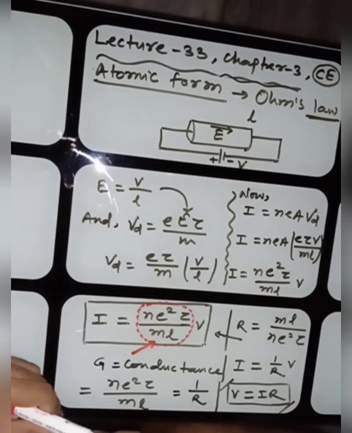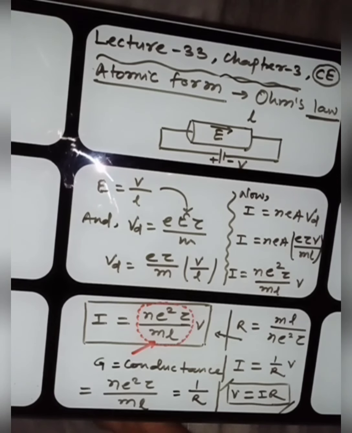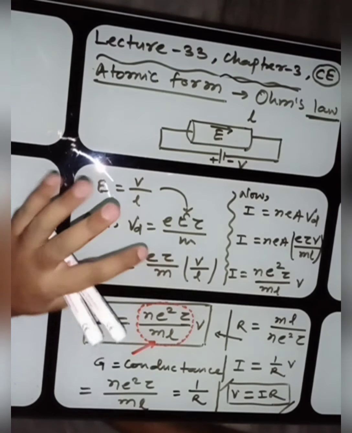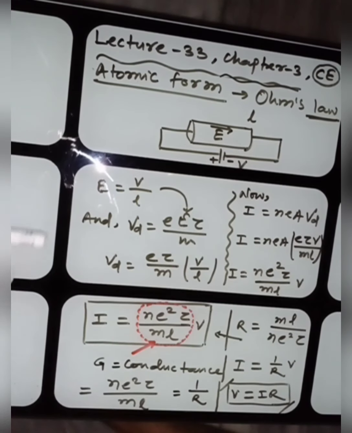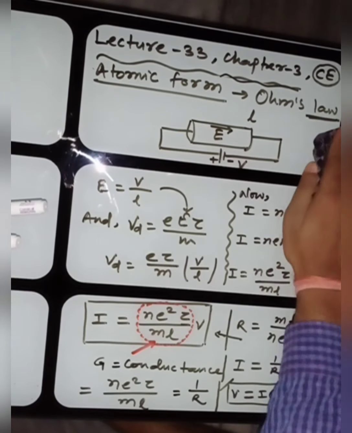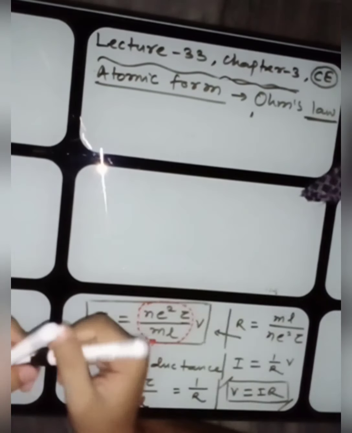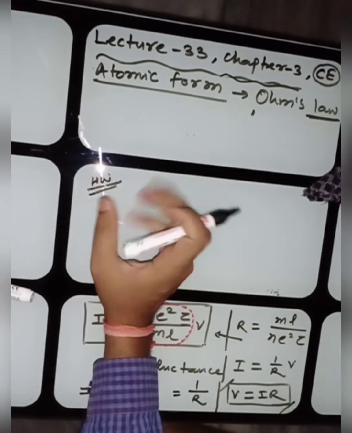And one question you can solve, my dear student, on the basis of this particular derivation. I'm giving you a question. If you wish, then you can solve this question. So kindly write down question 1, and that will be your homework. Write down the question.